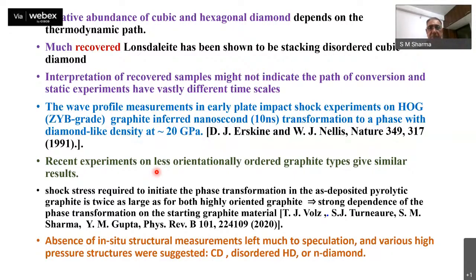The difference was that the transformation still took place in nanoseconds, but the required pressure was much higher. I'll mention some of these results very shortly.